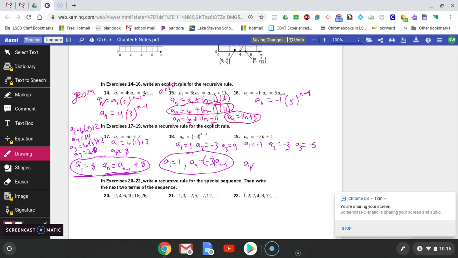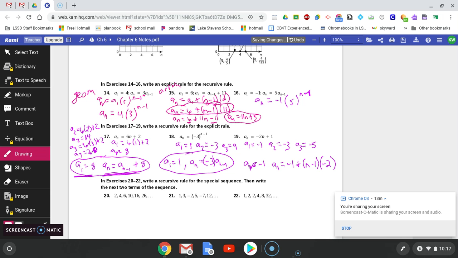So my formula is a sub 1 equals negative 1, and a sub n is equal to, well, each time I am subtracting 2. So that's arithmetic. So a sub n is equal to my a sub 1 plus my n minus 1 times my d, which is a negative 2. And again, if you want to simplify it, you can. If not, you can leave it like that. Oh, wait. Oh, I may catch my mistake.